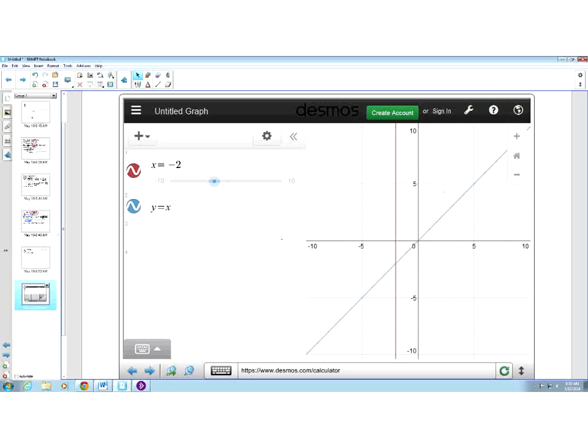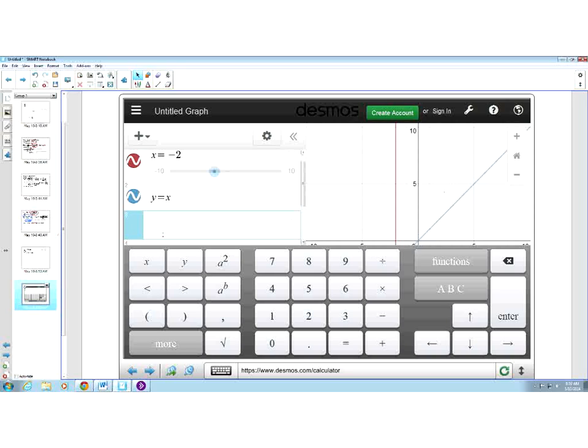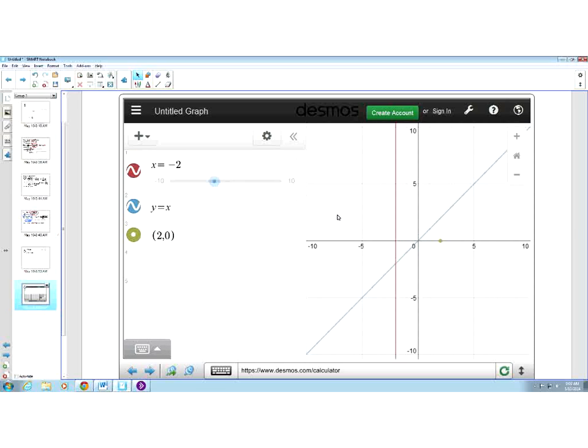And then we had a hole. What were the coordinates of the hole? At 2, 0? So x equals 2. Let me see... Was it 2, 0? Oh, I'm sorry, it was 2, 3.